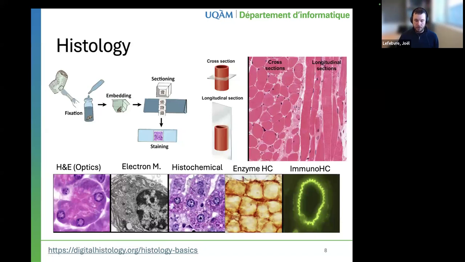So we need to keep that in mind when we do neurophotonics, histology, or these techniques. What we will see will depend on our point of view or on the way we sliced the sample. Okay, so histology is a way of preparing the sample, and then to do the imaging, we have different techniques.